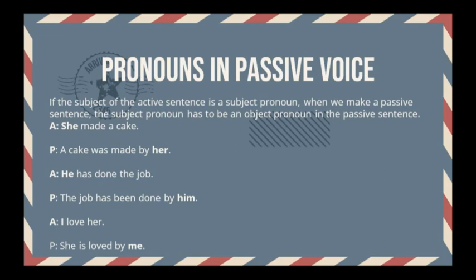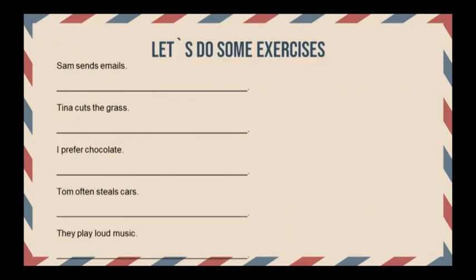Okay, let's move on. Now, let's do some exercises. As you can see, these sentences are in present simple tense, okay? So we have to put these active sentences into passive ones, okay? So let's start. Sam sends emails.